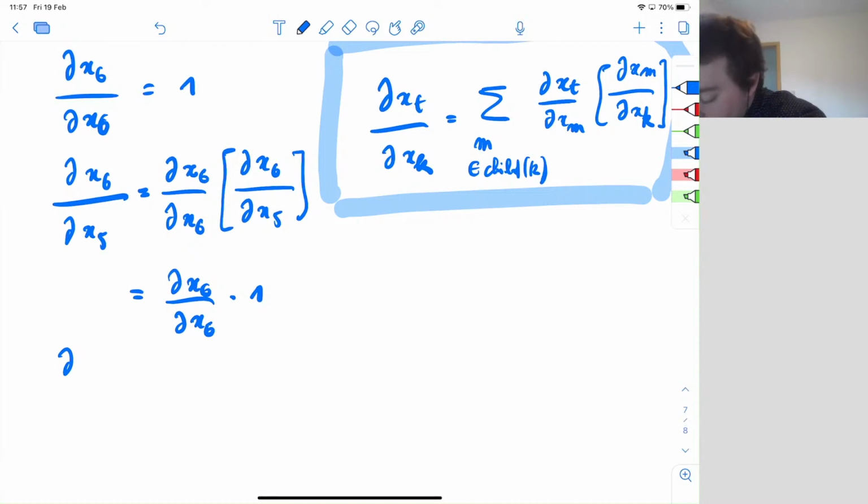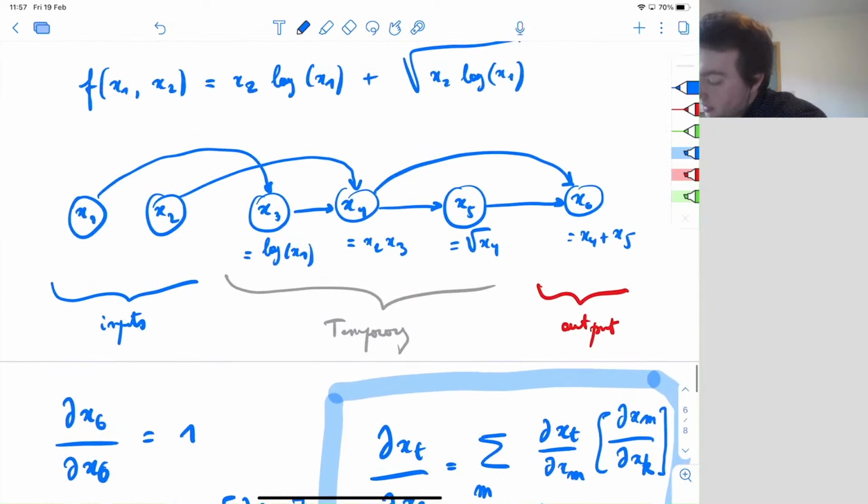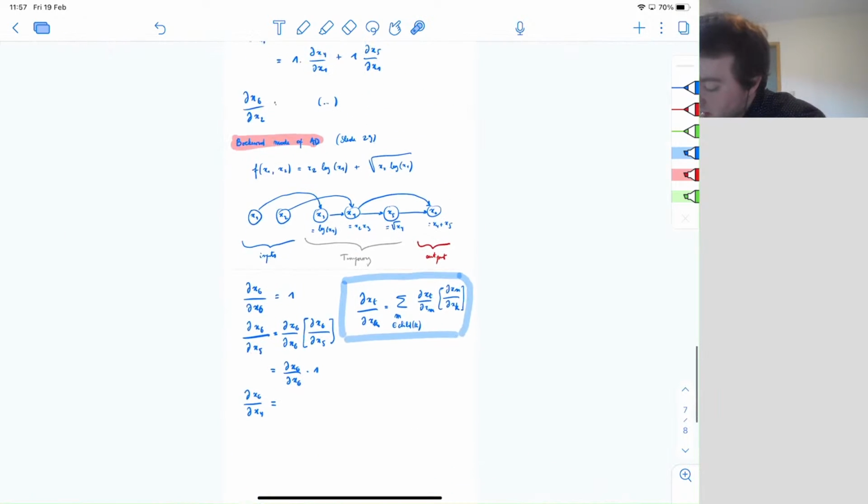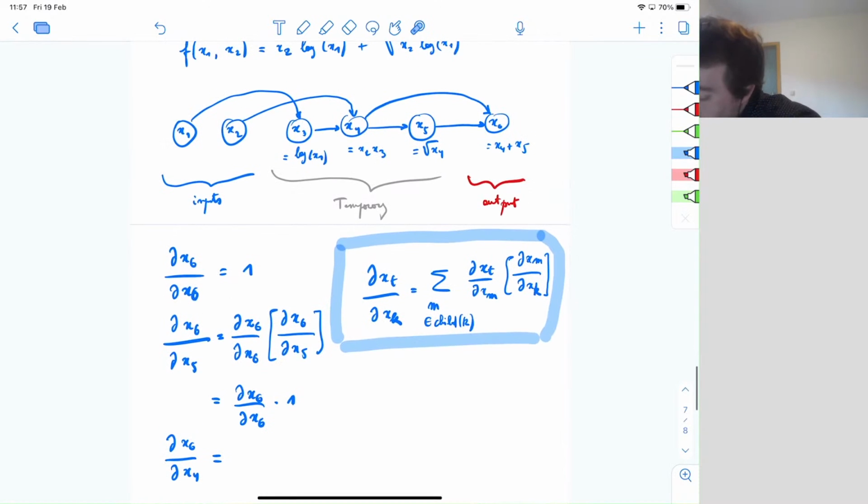Now, the next one, x6 with respect to x4, the next node in the reverse topological order. So x4 now depends on two child nodes.